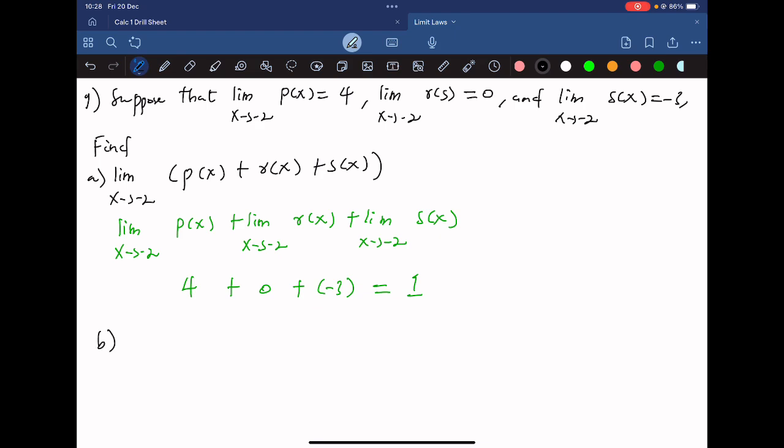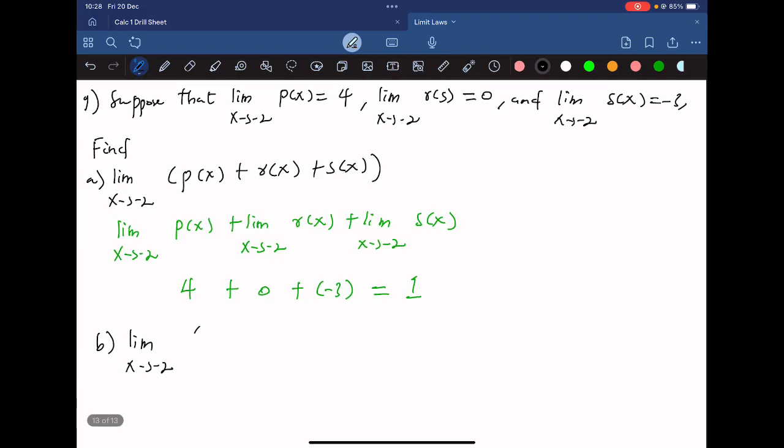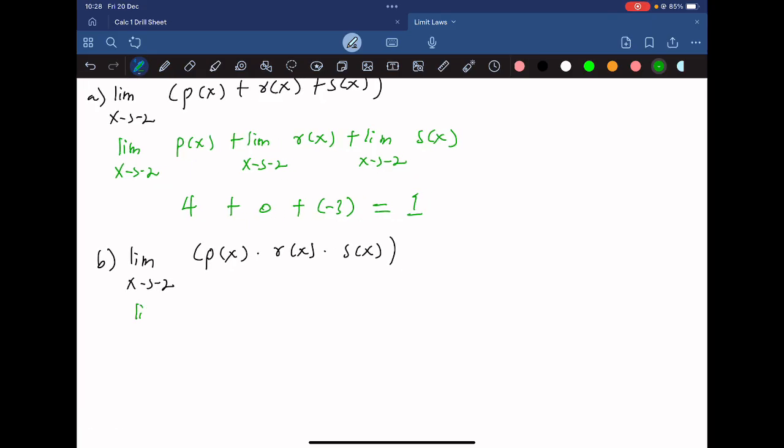For (b), we have to find the limit as x approaches negative 2 of p of x multiplied by r of x multiplied by s of x. Using the same idea, we just have to distribute the limit.